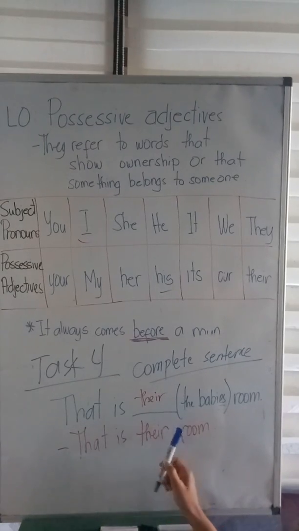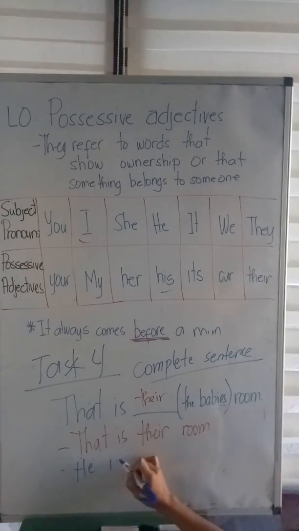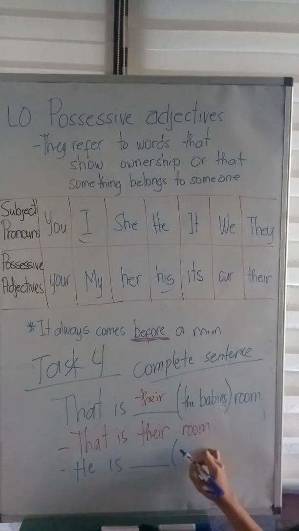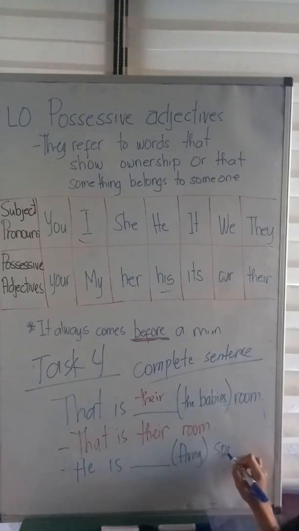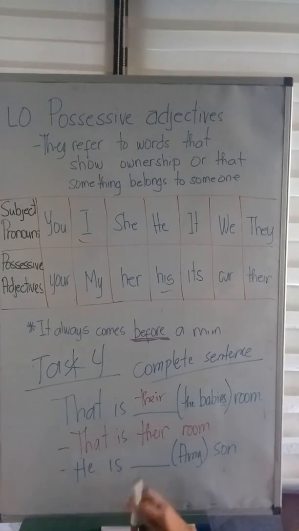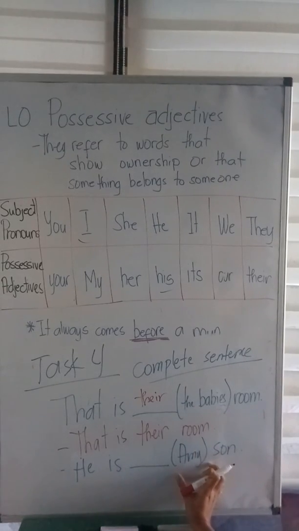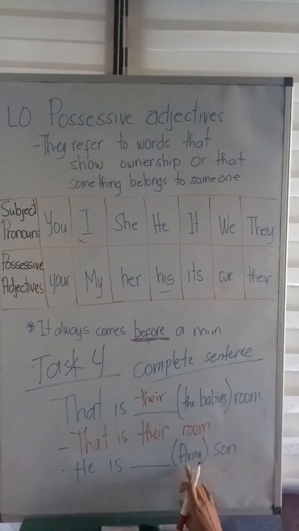Another example for this one. He is blank son. The word inside the parenthesis is Amy. So again, you have to think if this is a proper noun. It's a name of a person.